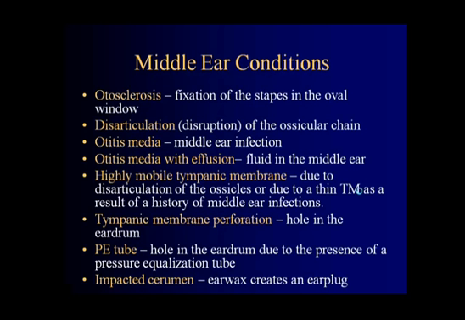Tympanic membrane perforation is a hole in the eardrum. A PE tube, or pressure equalization tube, is when there's a hole placed in the eardrum and a little tube, I think it's nylon.